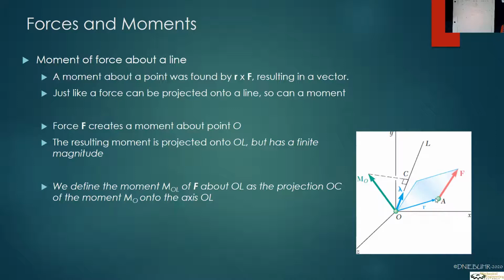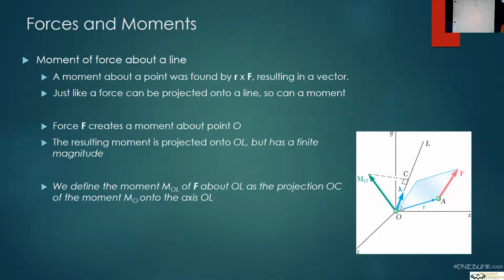If we have this force in space acting at point A, we know that in order to find the moment about point O, we would have found the vector r from O to A and crossed it with F. That would have given us this moment MO over here. Now let's imagine that we had some line in space, and we want to know how much of that moment was projected onto that line OL. How would we do that?